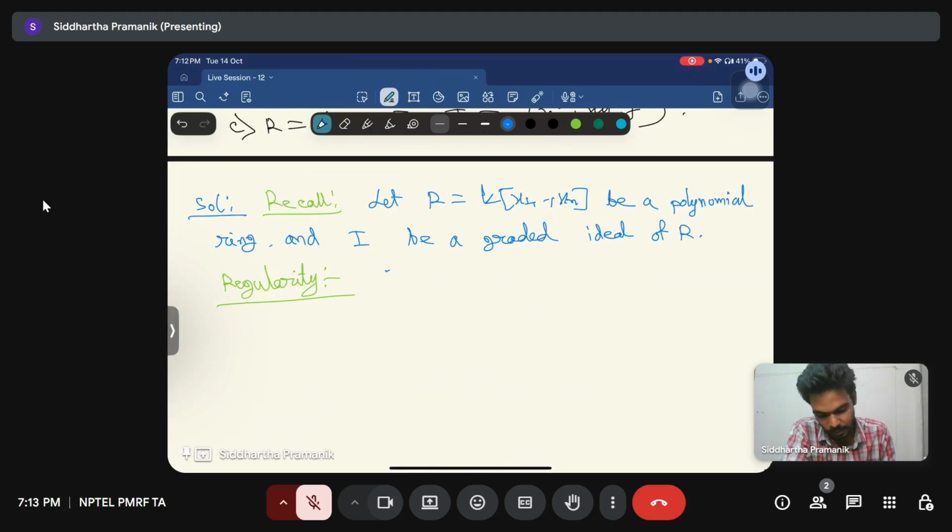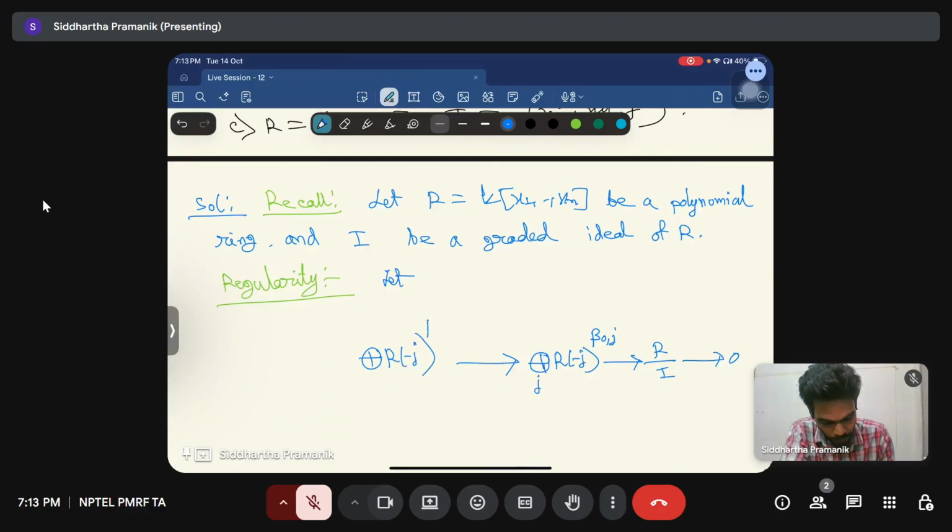Those are unique. So here you have R mod I, here you have 0. Here you have a free module, which will always be R, but let's take the general form: the direct sum of R(-j) to the power beta 0,j, varying over j, then the direct sum of R(-j) to the power beta 1,j, and so on.